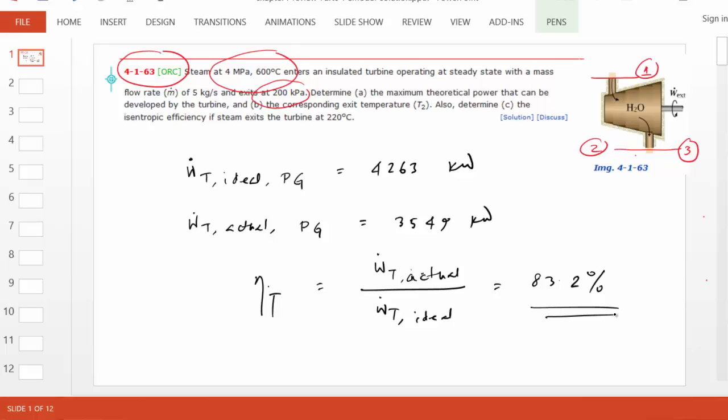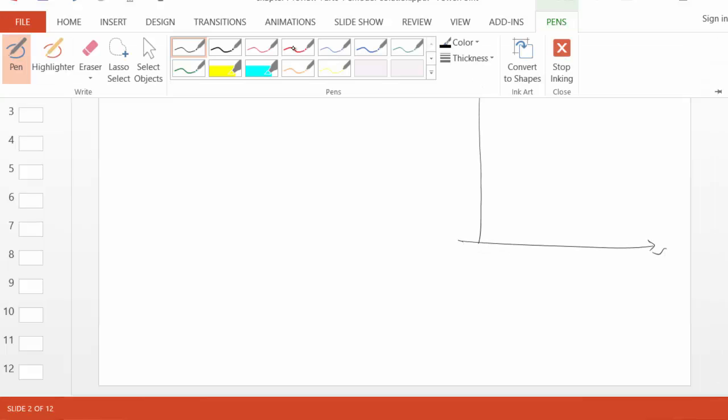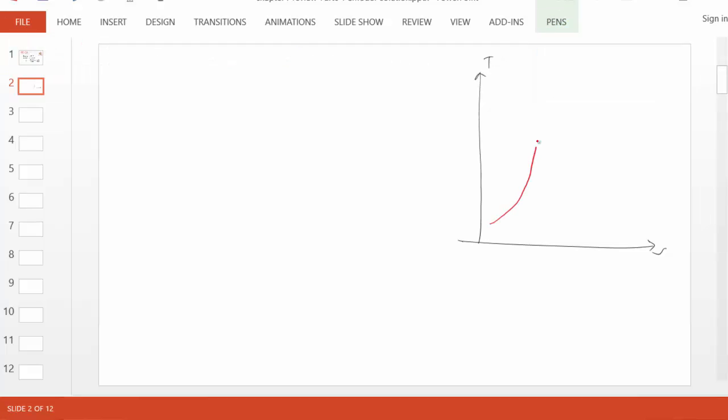So the first step is what? To transfer this problem into a TS diagram. As you recall, in the TS diagram, there's a dome shaped region that separates superheated vapor from mixture and subcooled liquid.